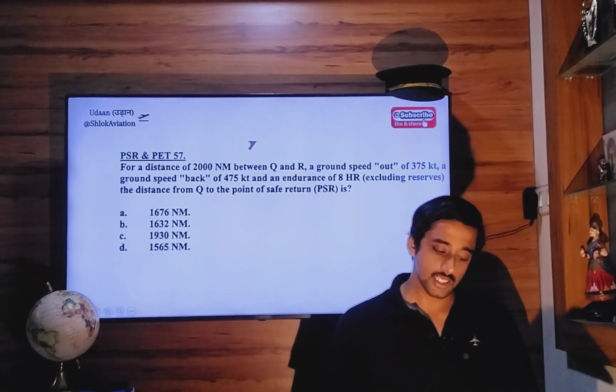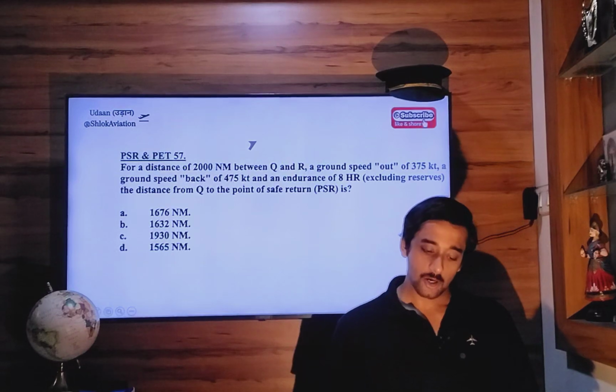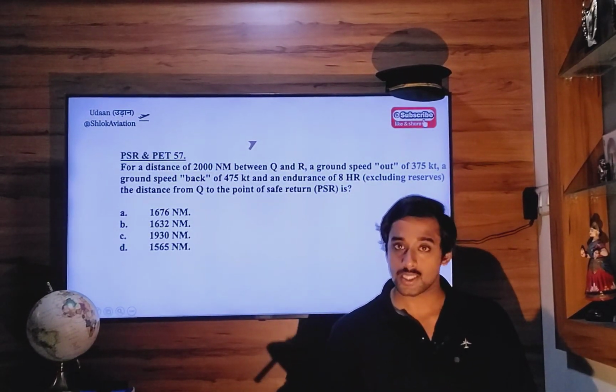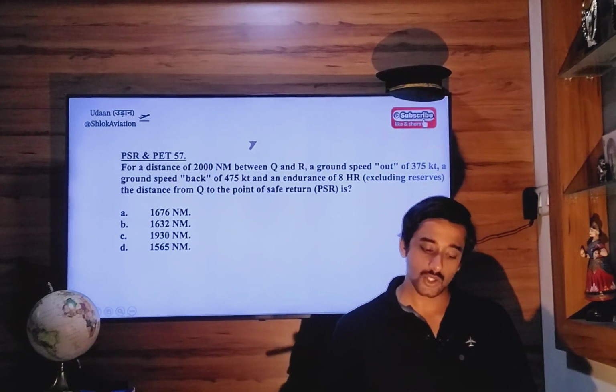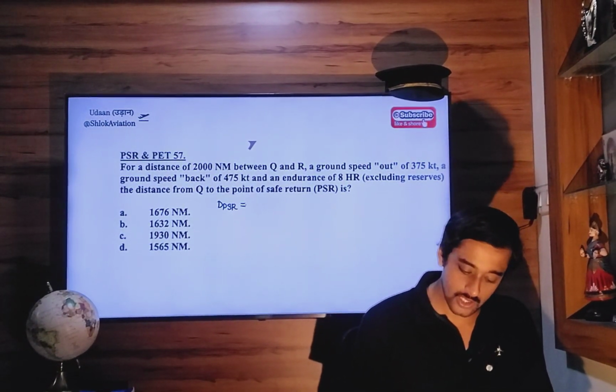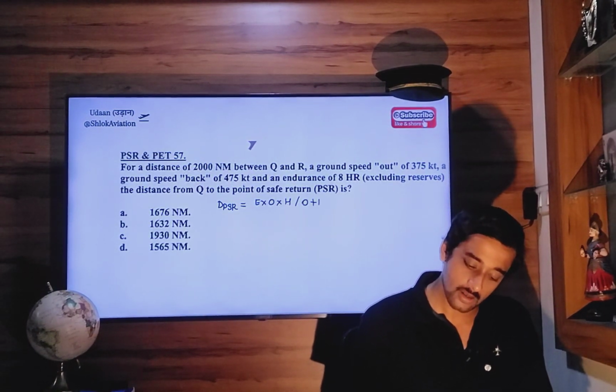57. For a distance of 2000 miles, outbound speed 375, homebound speed 475, endurance 8 hours. What is the distance to the point of safe return? Distance to the point of safe return equals endurance into outbound into homebound divided by outbound plus homebound.